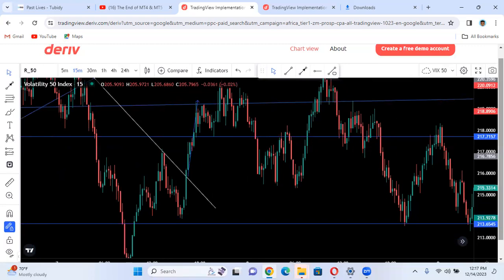And if you know Vitado, he trades this strategy. Who knows Vitado from South Africa? Yeah, so Vitado trades this same strategy, but he's strict.